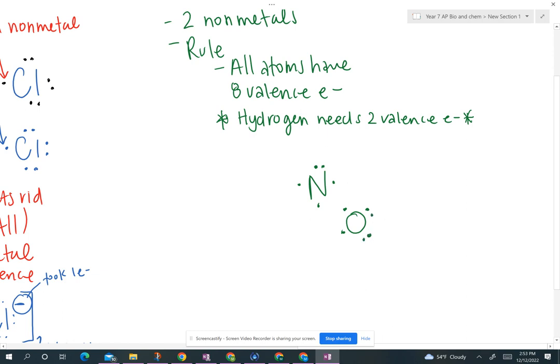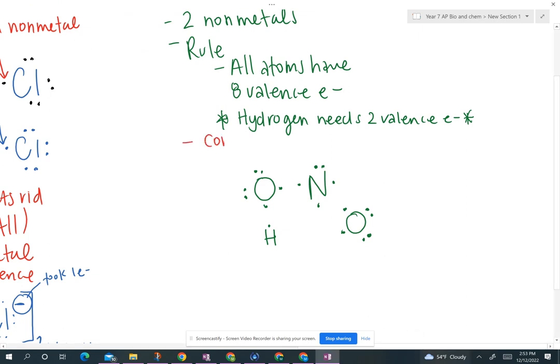And oxygen has 6 valence electrons. I'm going to do another oxygen right here, and again, another 6 valence electrons, and then I'll just do a hydrogen just to show you guys how this works.